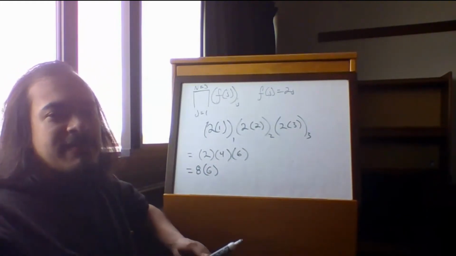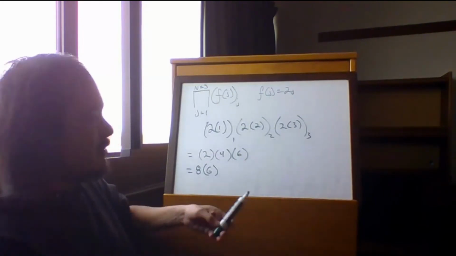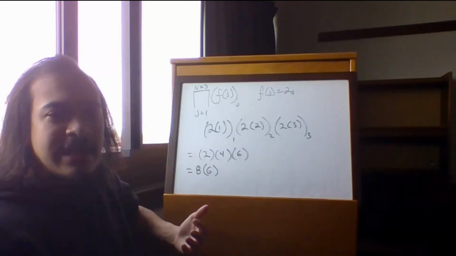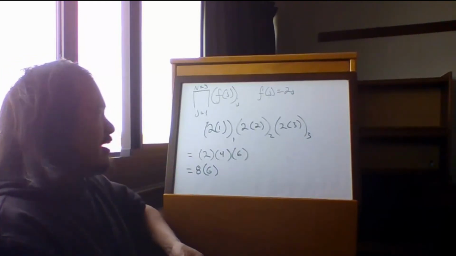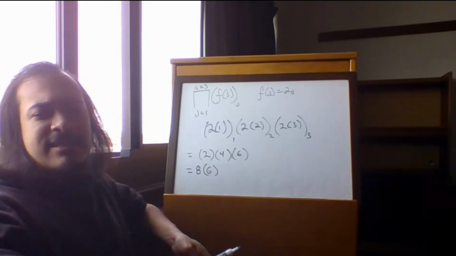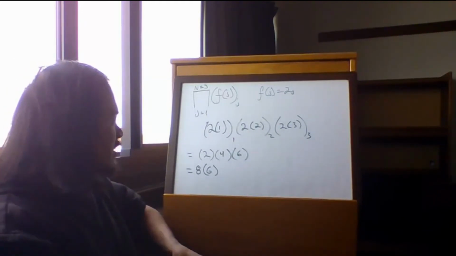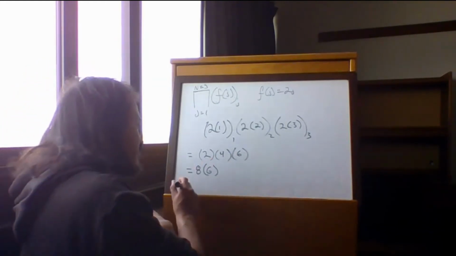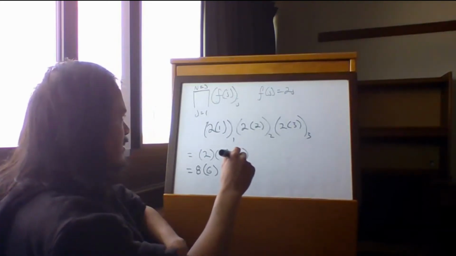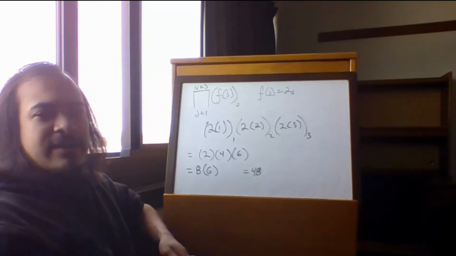And if you guys didn't already figure it out yet, the pi product acts more like an exponential operator. They're basically like exponents. And then what we get here is 48.